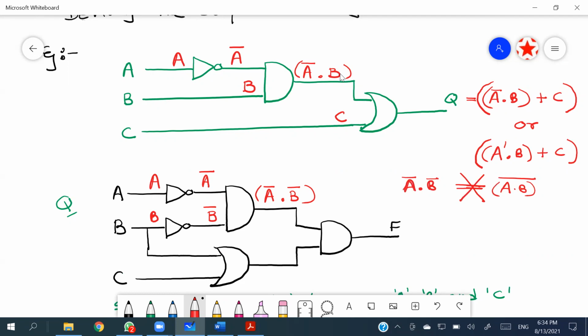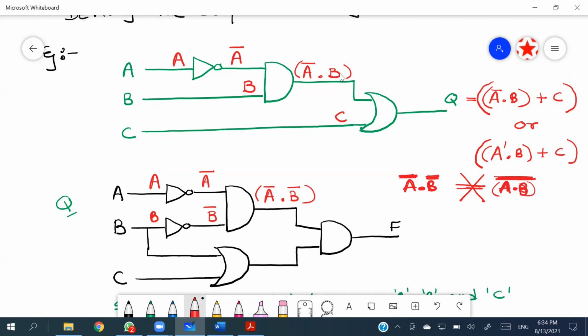This is A being inverted and B being inverted, then multiplied. Here the case is different. This is A and B being multiplied, then inverted. So two different cases, right? So these are not equal.